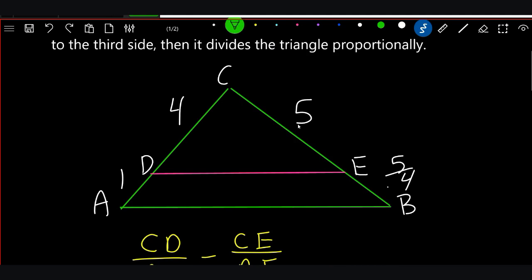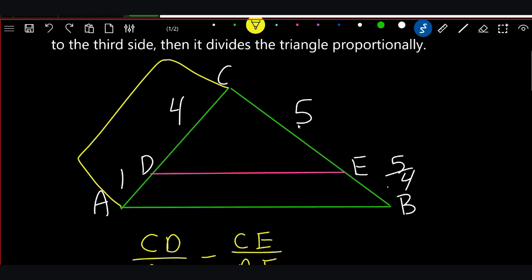What's the difference between the segment and the side? This right here is the segment, segment CD. It's just the piece. This would be segment AD. The whole side is CA or AC.